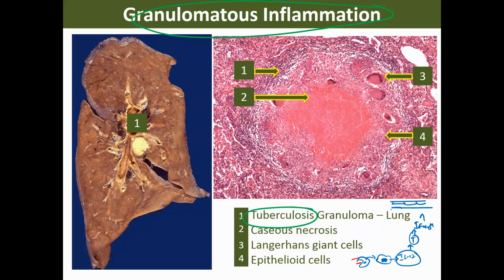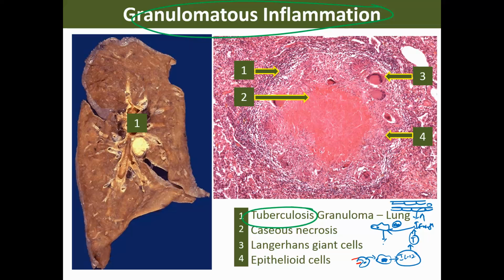Okay, they go to the blood vessel and they bring what? Monocytes, and the monocyte comes out and it will become a macrophage. Once the monocyte comes out, it becomes a macrophage, and the macrophage is directly activated by the interferon gamma.